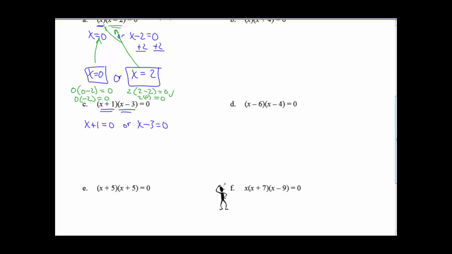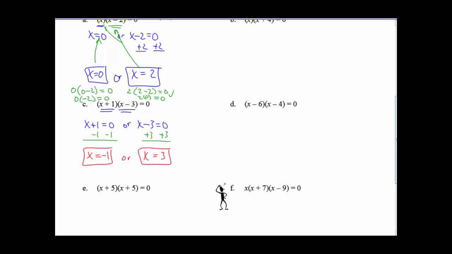Now we get x by itself: subtract 1, add 3. So x should equal negative 1, or x will equal positive 3. If we plug in negative 1, negative 1 plus 1 is 0, so 0 times anything will give us 0.